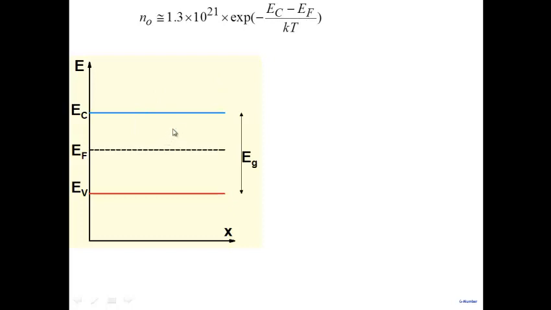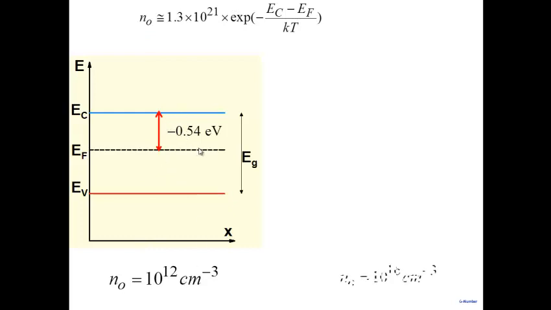For example, we can take 10 to the power 12 electron density, put it here, and then we will get a position of Fermi energy, which turns out to be minus 0.54 eV. So if you know Fermi energy with respect to EC, then you can get the electron density, or the reverse. If you know the electron density, you can find out where the Fermi energy is.